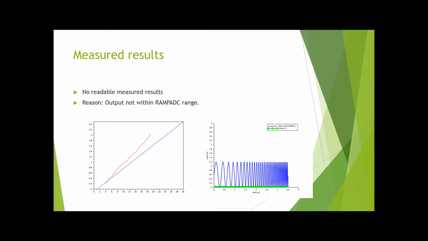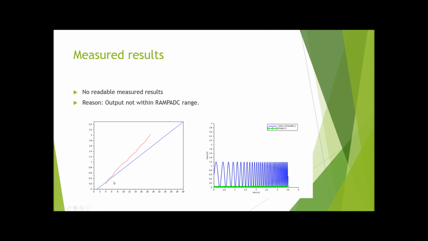However, we cannot get readable measured results, as we think the problem lies in the output not being within the ramp ADC range. We know well that the ramp ADC has an output range, and we use a linear signal here to detect this output range. It's between about 0.2 and 2, but this is for the linear signal.